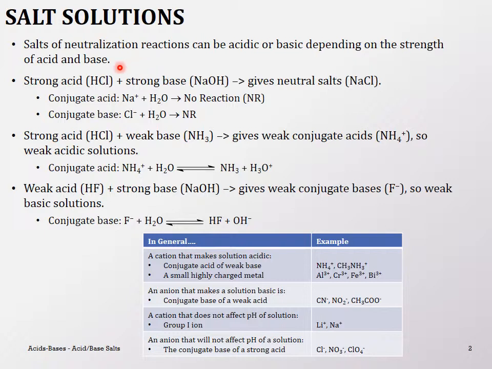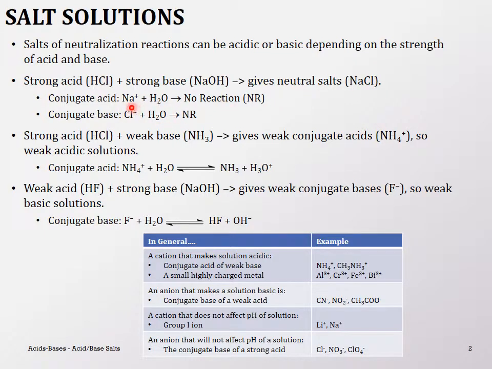The first scenario is when you have a strong acid reacting with a strong base, like HCl reacting with sodium hydroxide. What this will give you is a neutral salt. What does a neutral salt mean? It means that if you take the conjugate acid and the conjugate base, the conjugate acid is sodium, the conjugate base is chloride, and if you treat those two with water, you will not get any reaction.